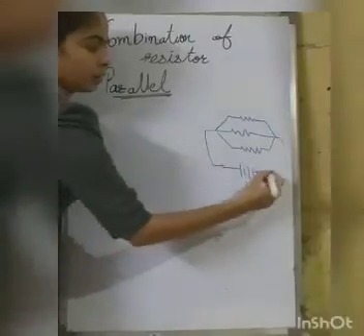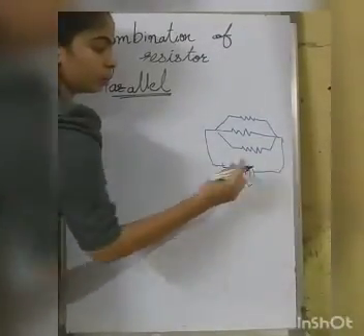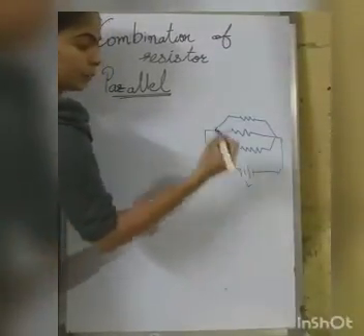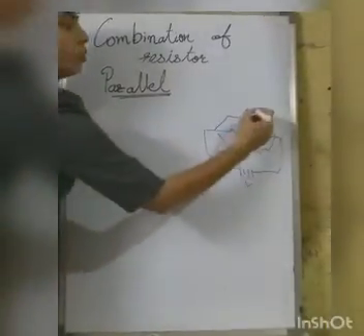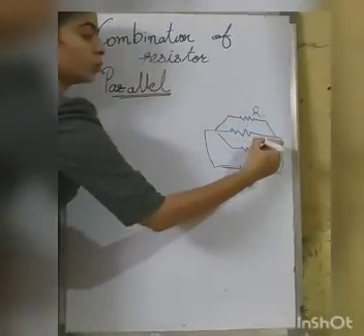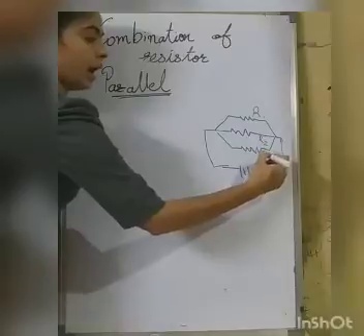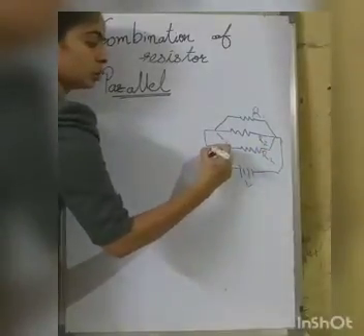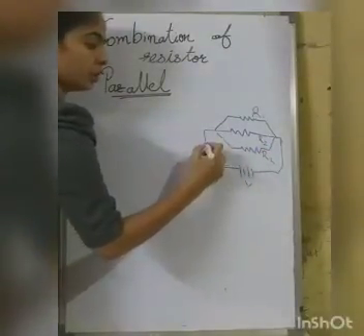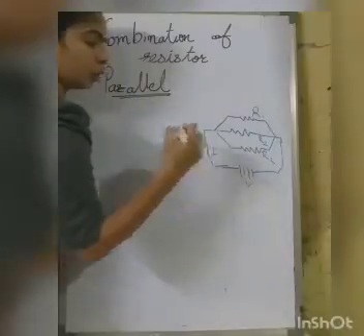Okay. Now, what current is going to flow through the circuit? I amount of current. So here, at least for now, I amount of current is flowing through the circuit.